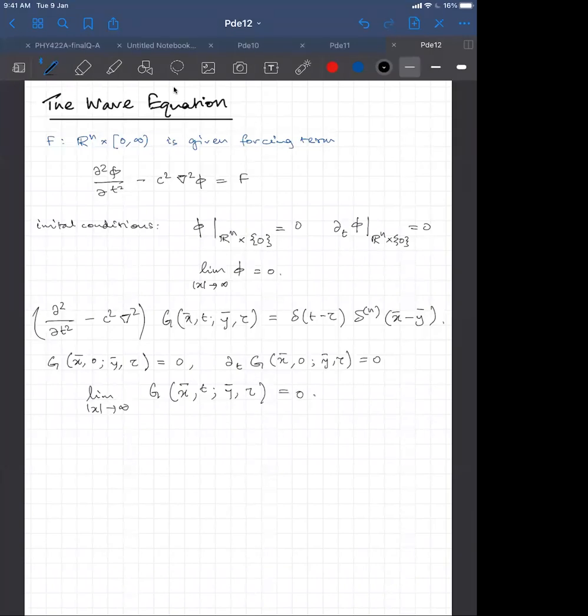So the solution to the problem is again something that should be clear. phi of x, t is just the integral from 0 to infinity, integral over all space, of f of y, tau, g of x, t, y, tau, d n y d tau. Okay, this is the formal solution to this.